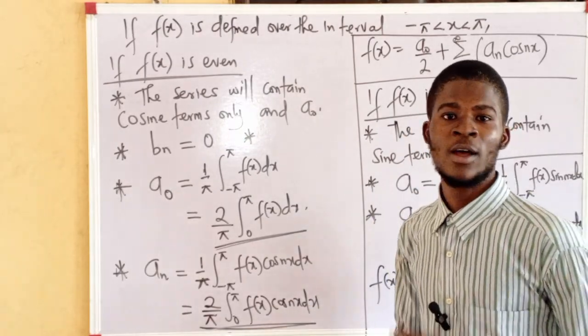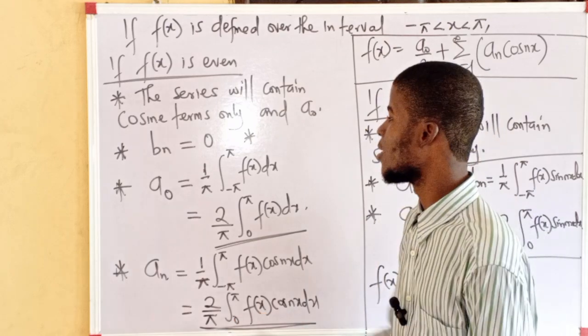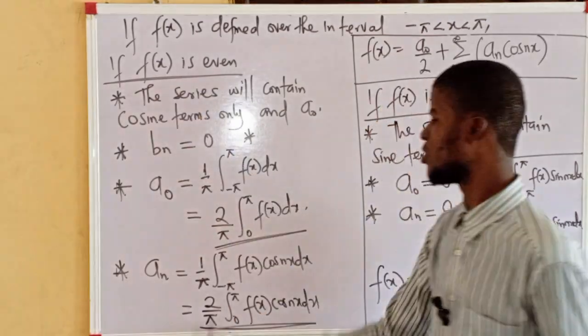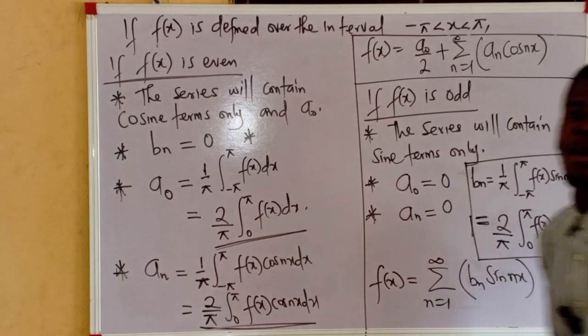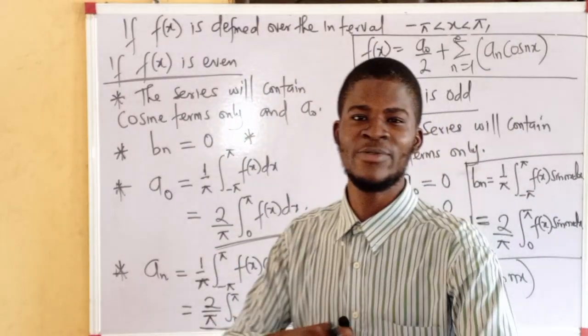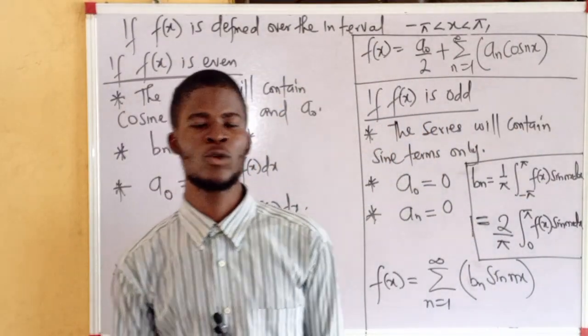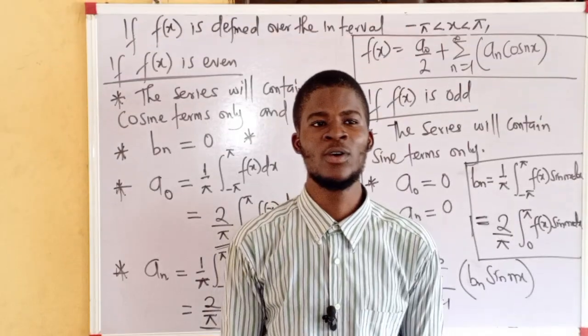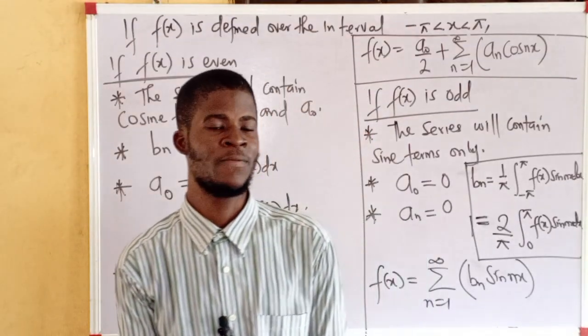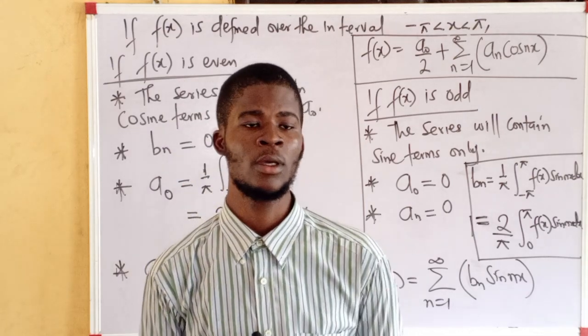Depends. But as it stands, for even function, this is what we have. For an odd function, this is what we have as well. And for a function that is neither even nor odd, we'll have to calculate for the 3 Fourier coefficients. That is it for even and odd functions as far as Fourier series is concerned, okay?